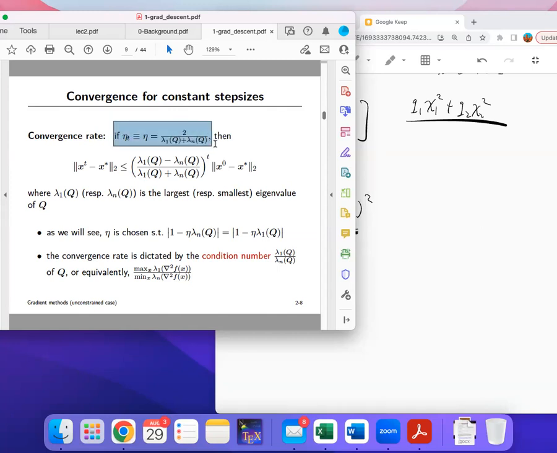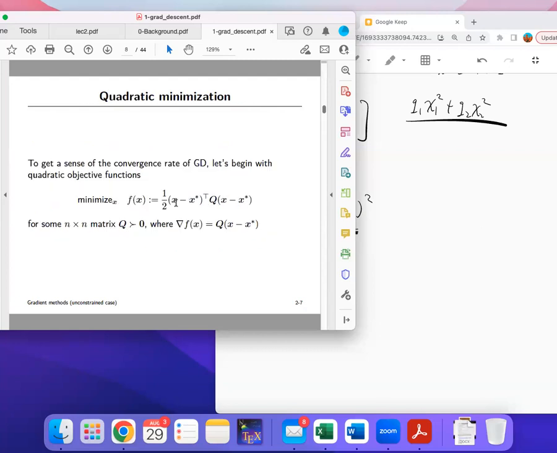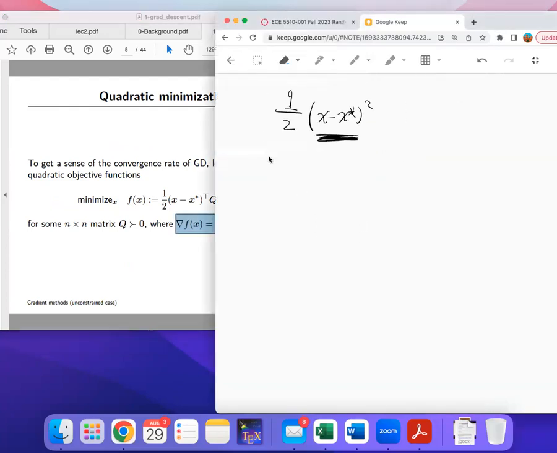I choose the step size to be 2 over lambda 1 of Q plus lambda n of Q. Lambda 1 and lambda n are the largest and the smallest eigenvalue of this positive definite matrix Q. Suppose you can compute them, and you pick the step size following this rule, and then use the gradient descent algorithm. Let me write down the gradient descent.